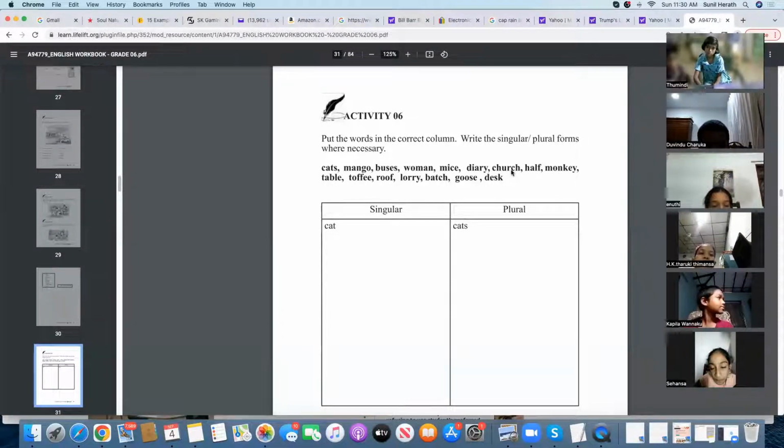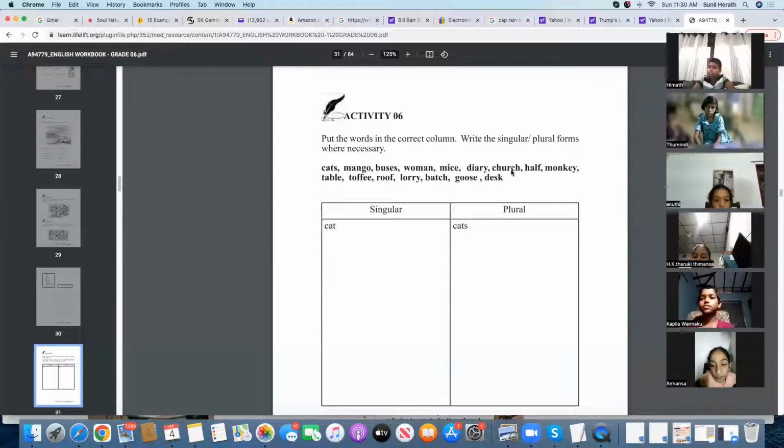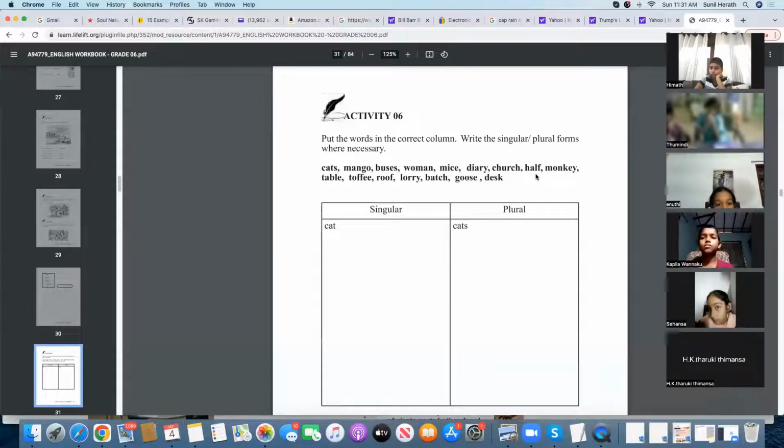Church. It wouldn't be church, it would be churches. So in this case, you wouldn't just add one S, you would add ES here for churches. So thank you.